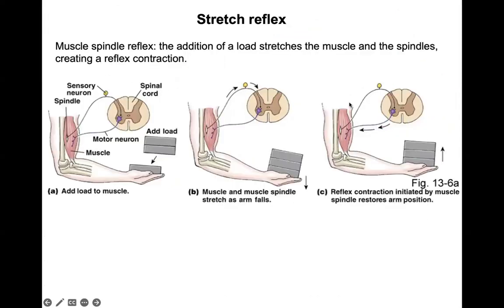Now you can think about this stretch reflex in real life as well. For example, now it's this example of your arm. If someone puts a load on your hand, sometimes they throw it in, right?